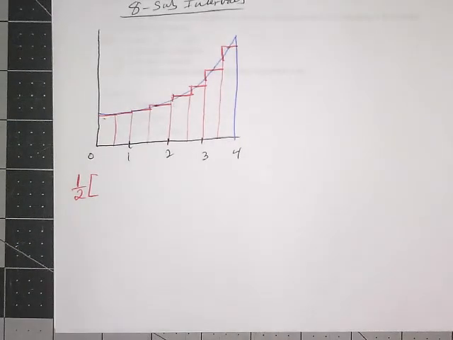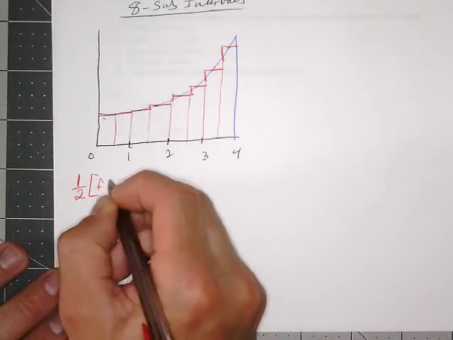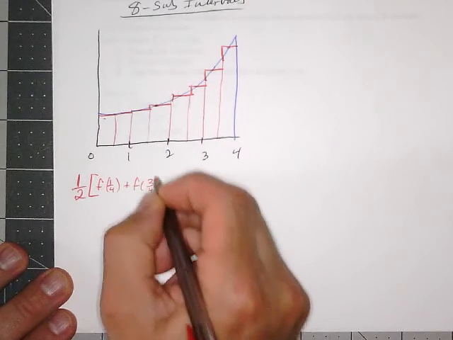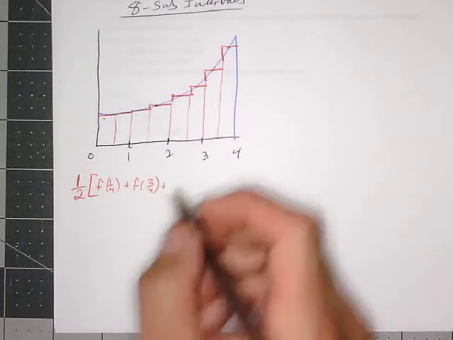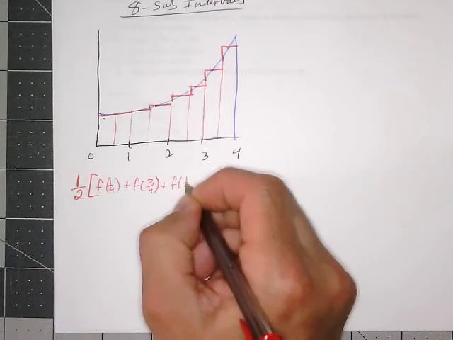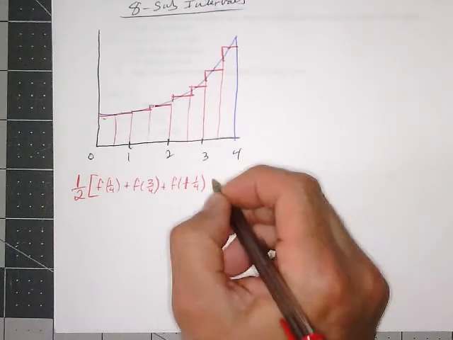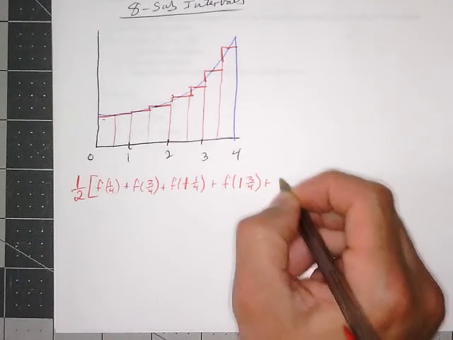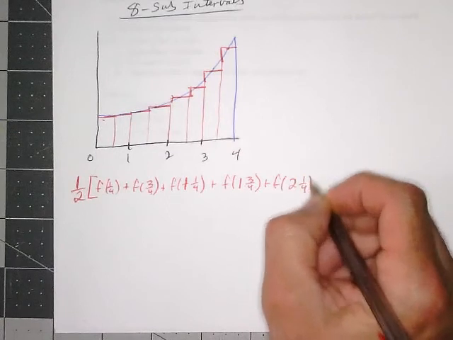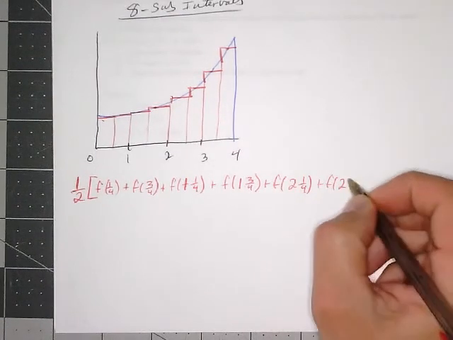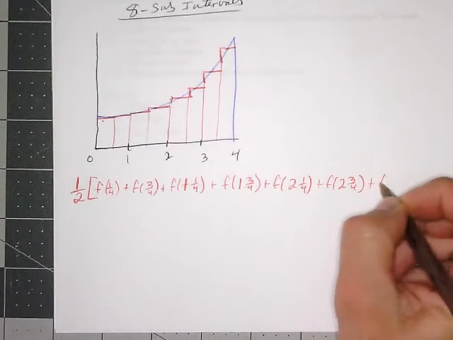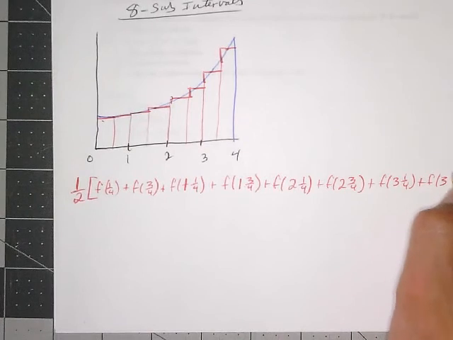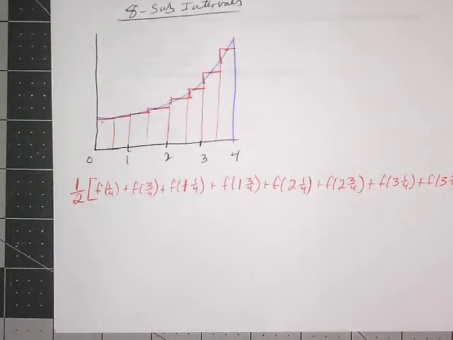Each of these has a base of 1/2, so you end up with f of 1/4, f of 3/4, f of 1 1/4, f of 1 3/4, f of 2 1/4, f of 2 3/4, f of 3 1/4, plus f of 3 3/4.